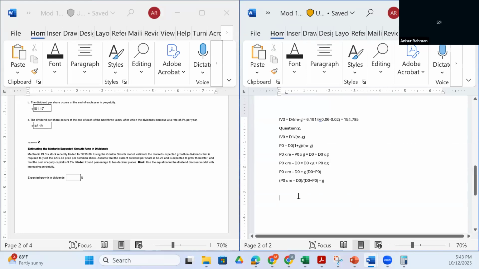So our P0 is market price, so 239.88, 239.88, and then times RE, cost of equity, is 9%, 0.09, divided by our D0 is $8.28, and then our P0 again is 239.88. That is our value of G. Let's see how much we get.